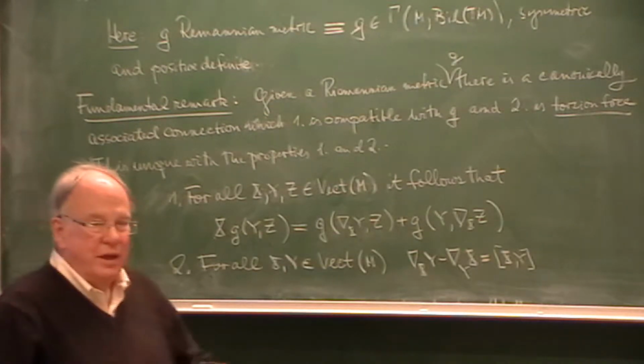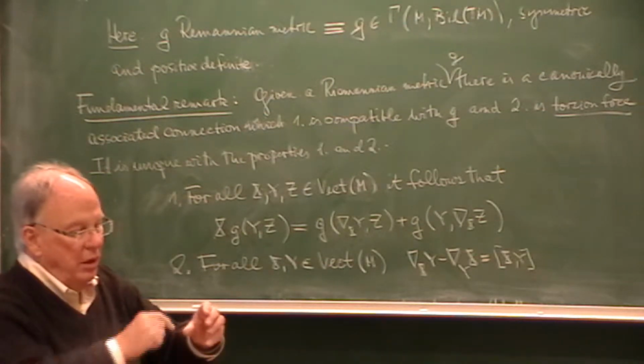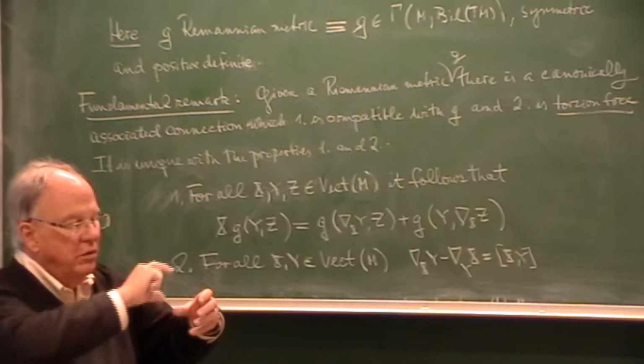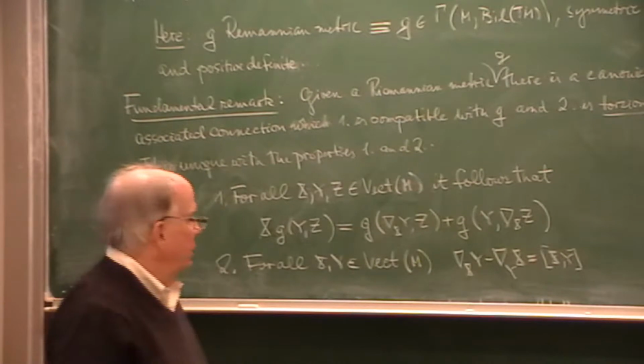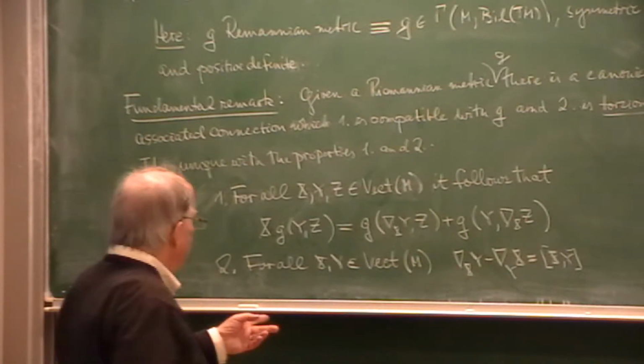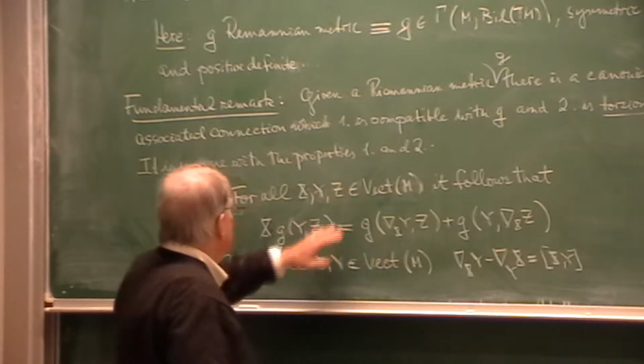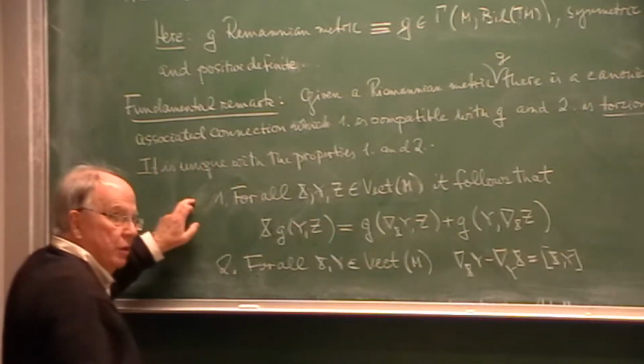It's called torsion-free, and it has to do with how things are somehow twisting around along curves. I think it's a non-trivial condition. Let's just regard it as an algebraic condition for now. So torsion-free and compatibility with the metric.